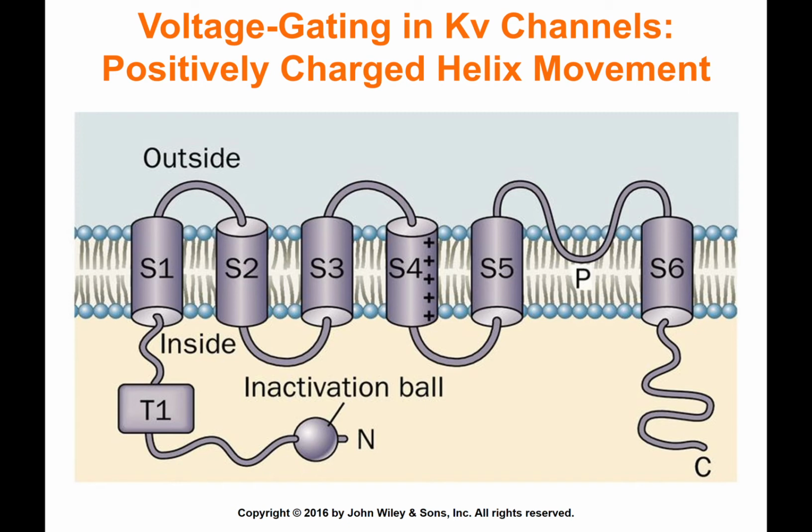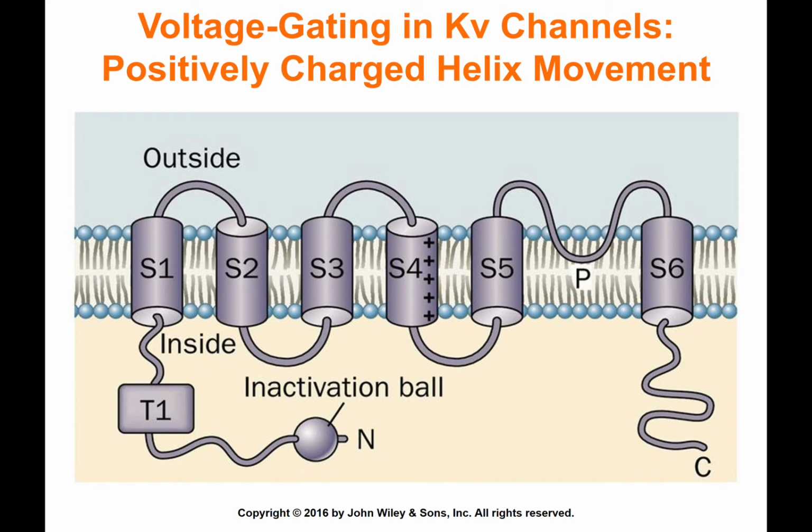The most important parts of this protein, as far as understanding the mechanism by which it works, are transmembrane helix 4 and the inactivation ball. Those are the two parts that really cause this channel to fire.